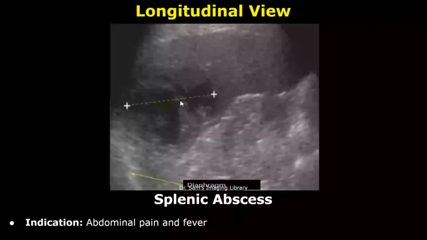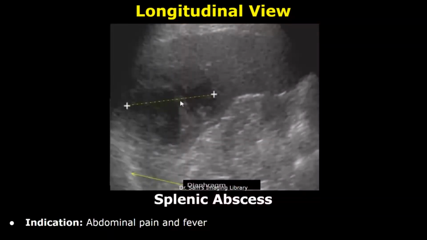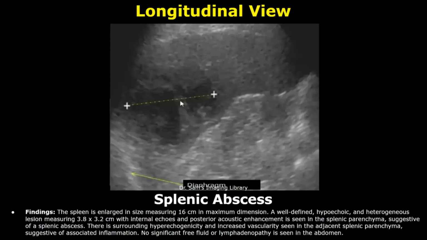Here is a case of splenic abscess. The indication was abdominal pain and fever. These are the findings. The spleen is enlarged and there is a well-defined hypoechoic and heterogeneous lesion, and this is its size, with internal echoes and posterior acoustic enhancement suggestive of a splenic abscess.